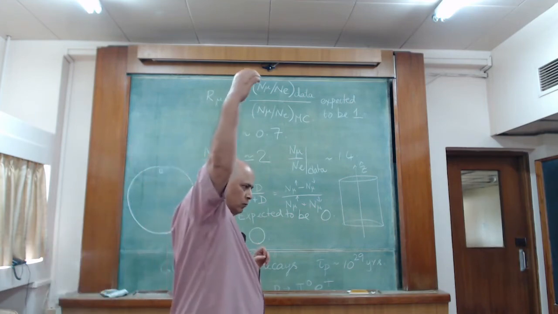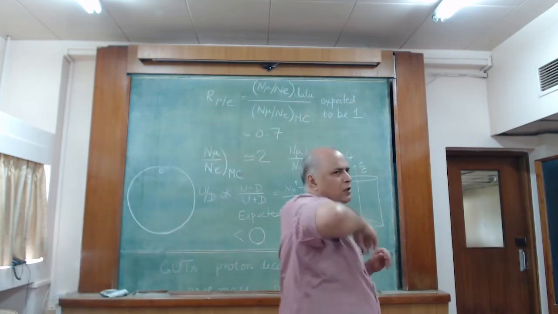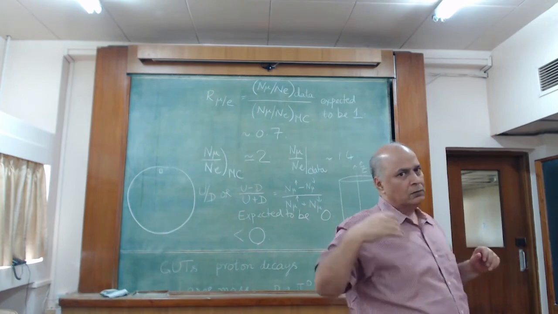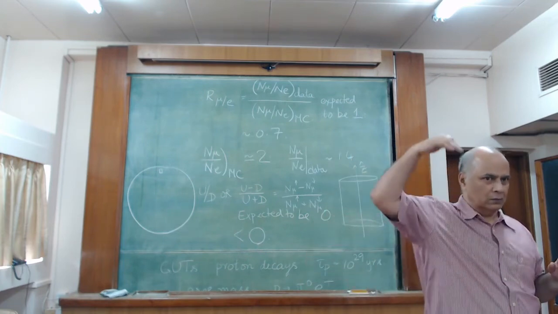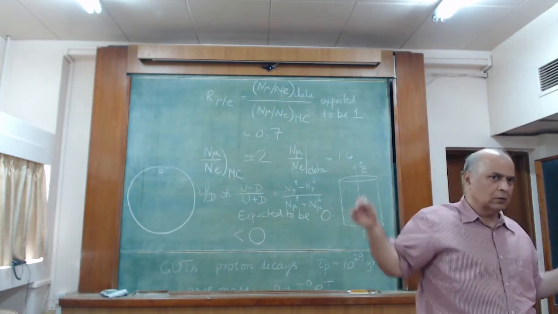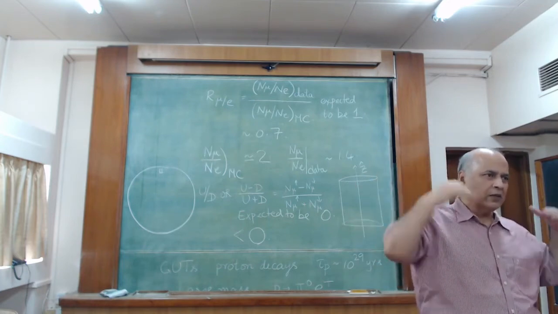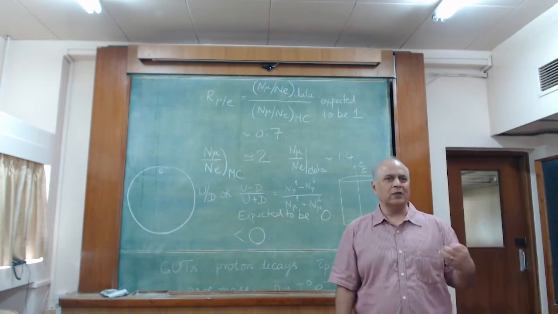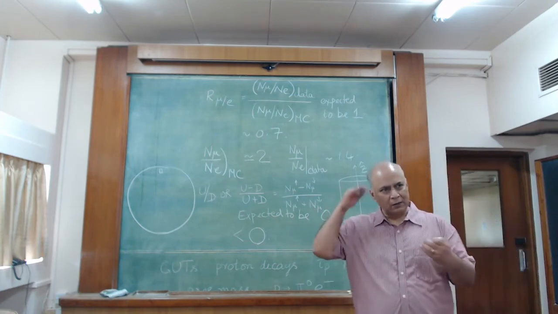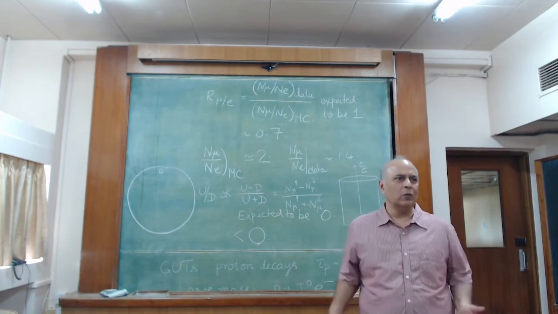See, you have protons coming, they come and interact in the atmosphere, but when they enter the neighborhood of Earth, they are also affected by Earth's magnetic field. And if they are low energy particles, then the effect on them is more.